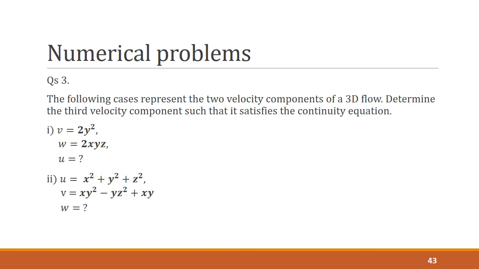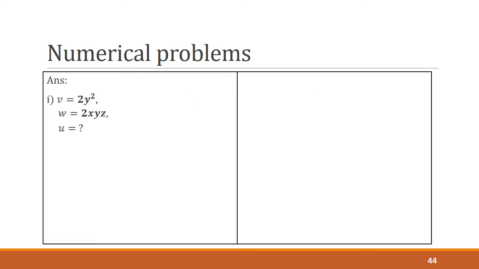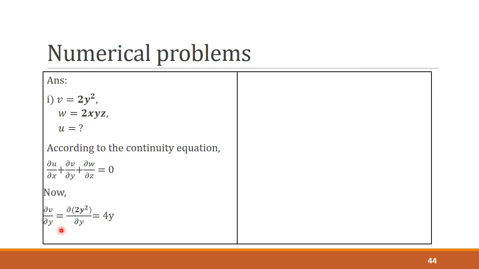So let's start. The first question was given as v equal to 2y squared, w equal to 2xyz, and u unknown. We know from the continuity equation that dou u by dou x plus dou v by dou y plus dou w by dou z is equal to 0. We don't know u, but dou v by dou y and dou w by dou z can be found out. So dou v by dou y is dou of 2y squared by dou y.